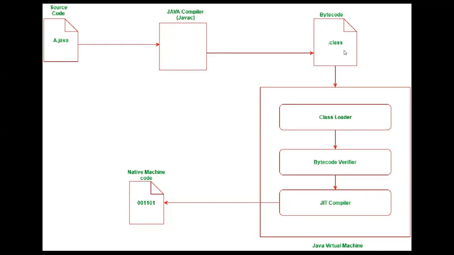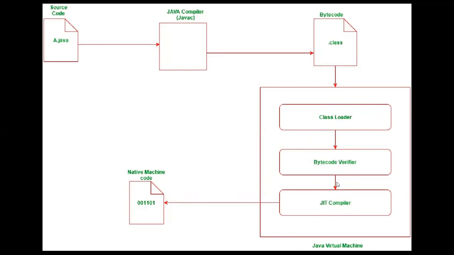Now that bytecode, before it gets to machine code of zeros and ones so that the machine understands, goes through the Java Virtual Machine. The JVM has a class loader. It will load this bytecode, which is a .class file. Then it will verify the bytecode to see if it's right.